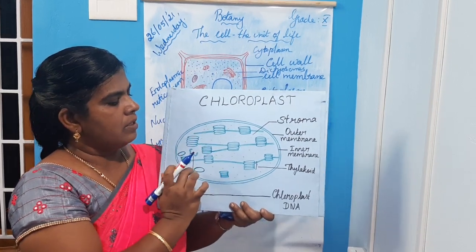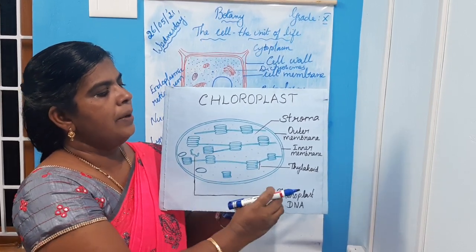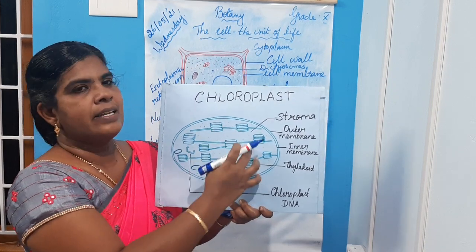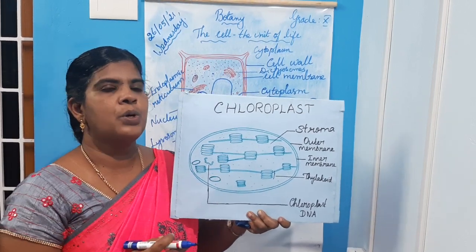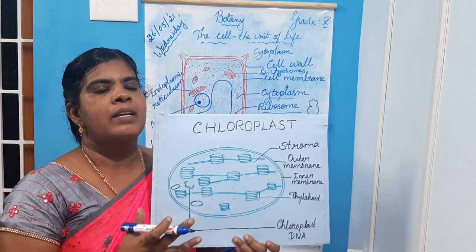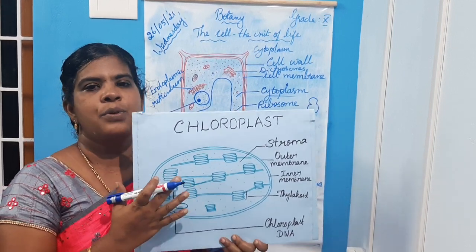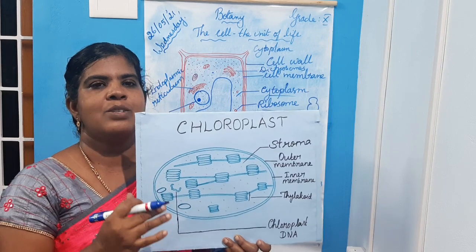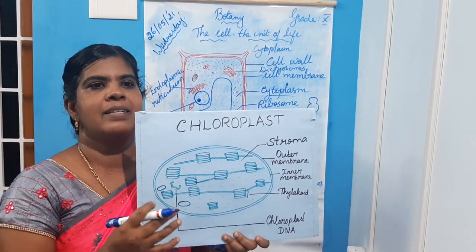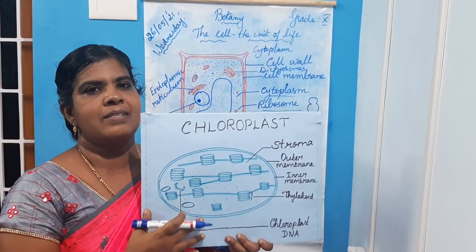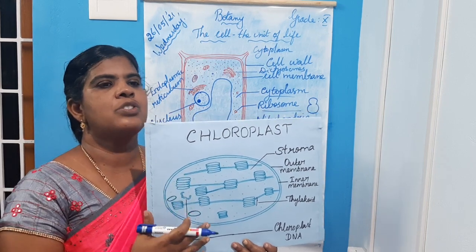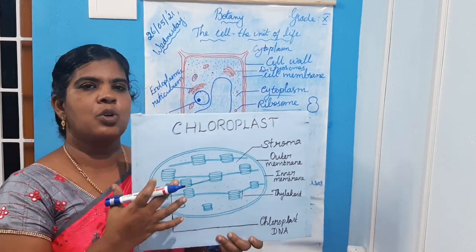The chloroplast contains DNA and the enzymes responsible for photosynthesis. The important function of this organelle is photosynthesis and storing fats and other substances.